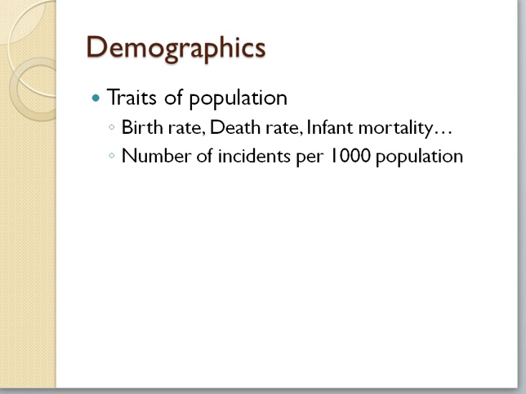So a birth rate of 5 would mean that for every 1,000 people there are 5 people born a year. If a death rate were 5, the death rate would be for every 1,000 of the population, 5 people die. So this is a way that you can control and compare countries with large populations to countries with small populations.